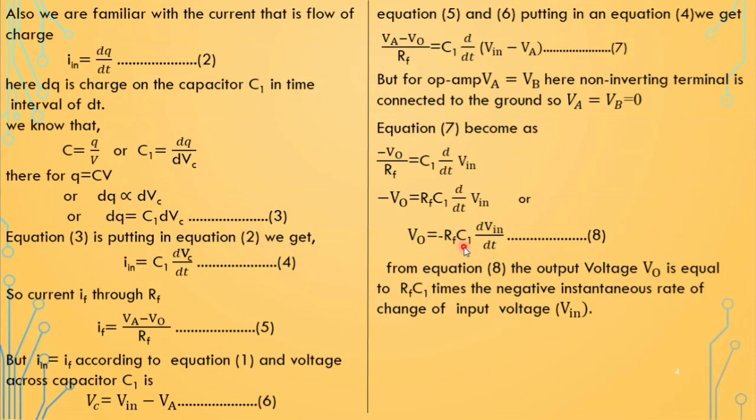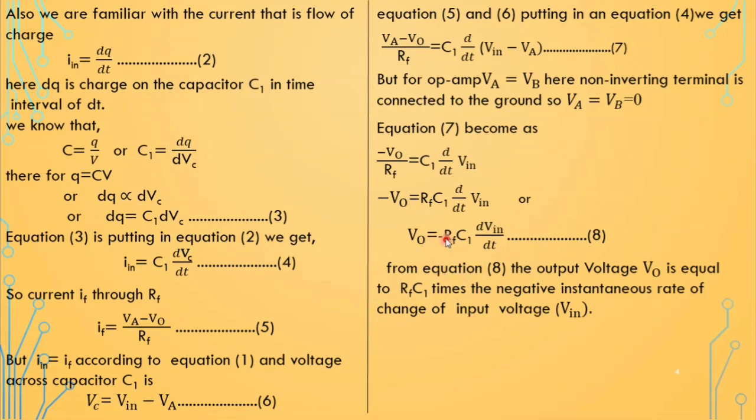RF and C1 are the constant resistance and capacitance we have connected in the circuit. So the output voltage is directly proportional to the instantaneous rate of change of input voltage. From equation 8, the output voltage V0 is equal to RF C1 times the negative instantaneous rate of change of input voltage.